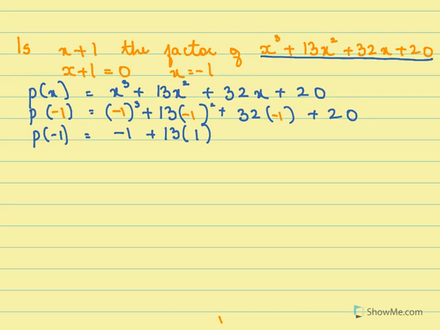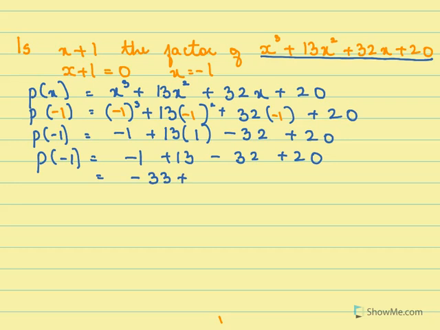This will be here 32 into minus 1, which is minus 32, plus 20. So p of minus 1 is minus 1 plus 13 minus 32 plus 20. So it becomes minus 33 plus 33. So p of minus 1 is 0.